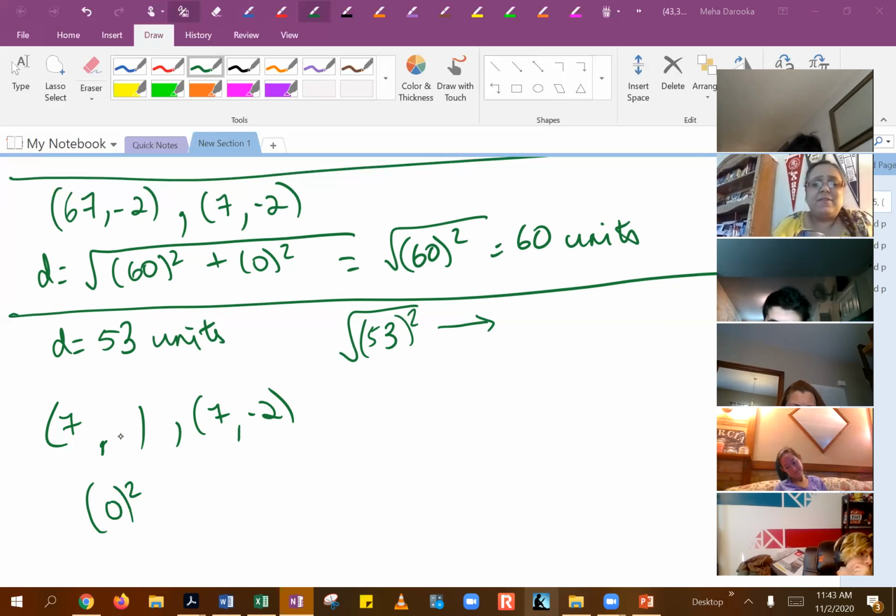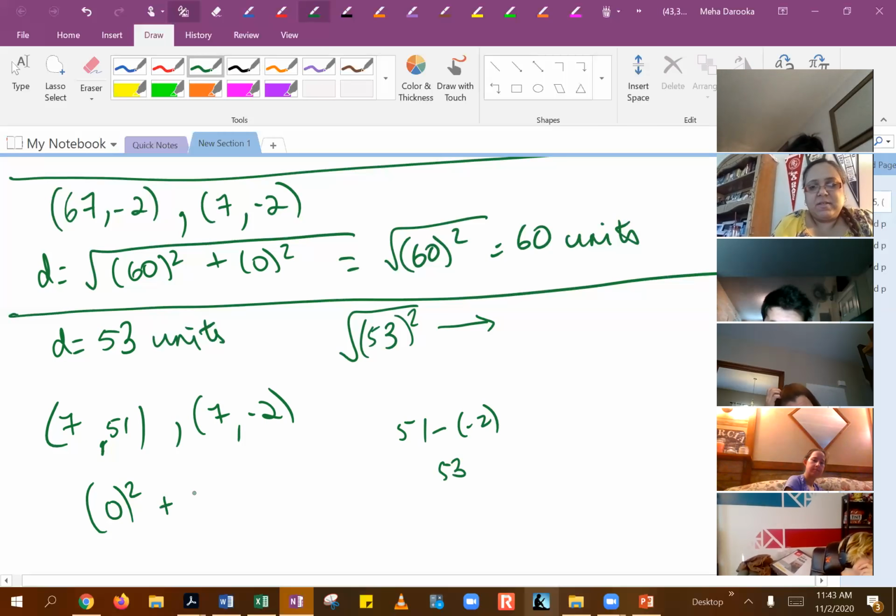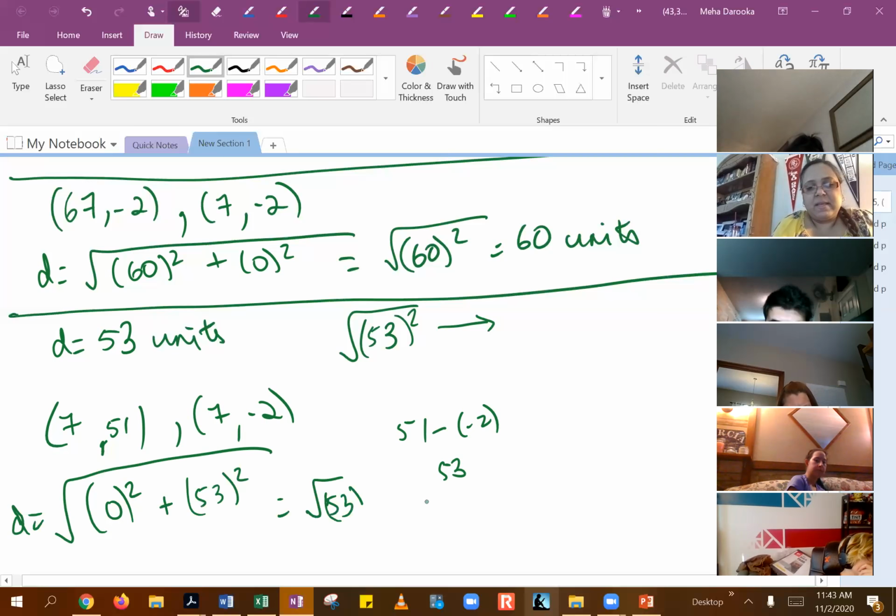Yeah, you can use 51, because you will end up doing 51 minus negative 2, which would add up to 53. So then you would end up getting 53 squared from the y values, 0 from your x values, and you would still end up getting that same distance of 53.